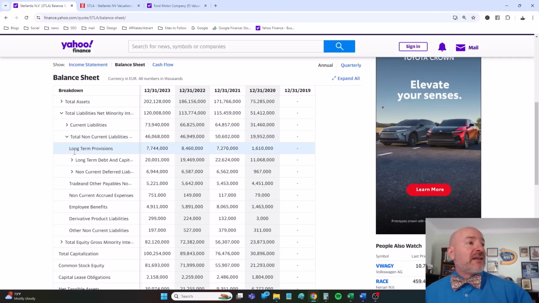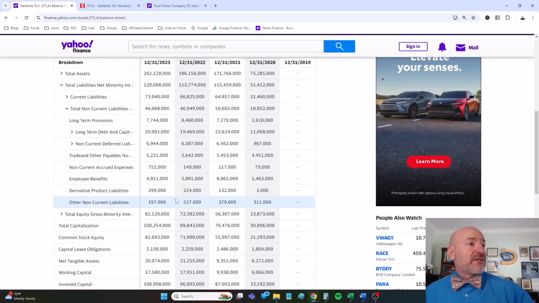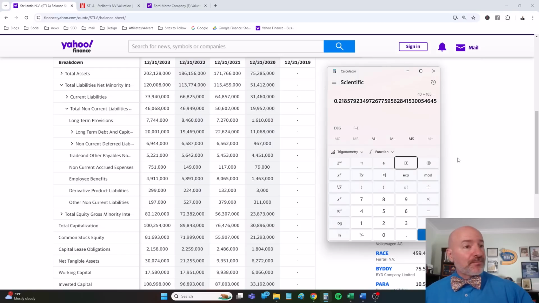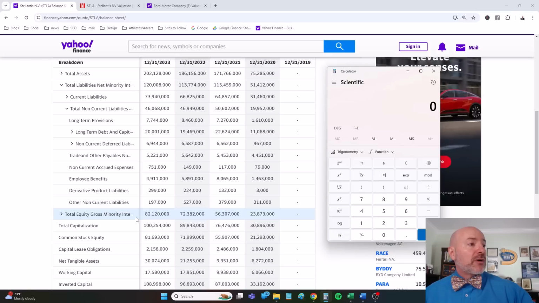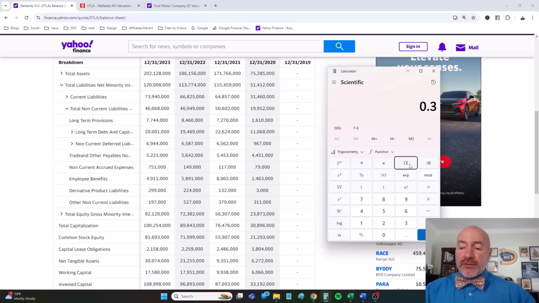Now, what they did, they probably didn't take all of these. Okay, so if they're doing 39% debt to equity, and your equity, that's here, this total equity gross minority interest. Okay, so total equity is 82 million. If they did 0.39, 39% times equity, 32 billion. They're saying $32 billion in debt. So they probably used this long-term debt and capital improvements. That is definitely something that you want to put in your debt to equity ratios.